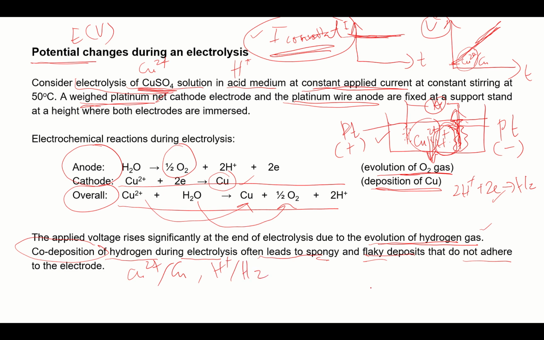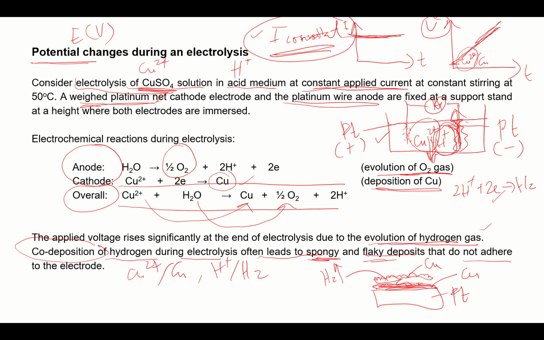So for example, this is the platinum. The earlier deposit, which is copper, was very strongly adhered, but slowly it becomes porous because hydrogen gas also evolves on the surface. So this is copper, but it's spongy and flaky.